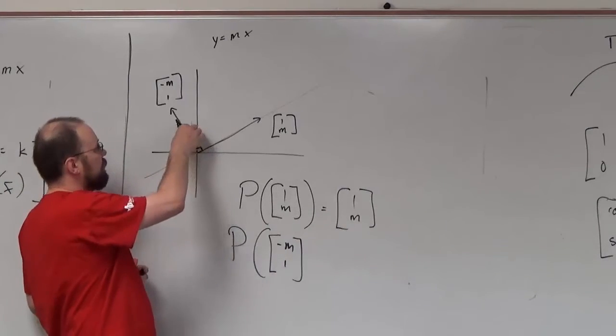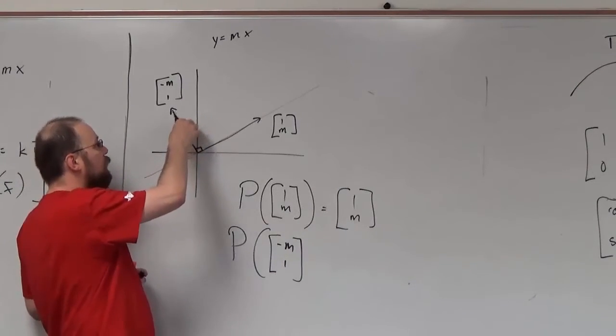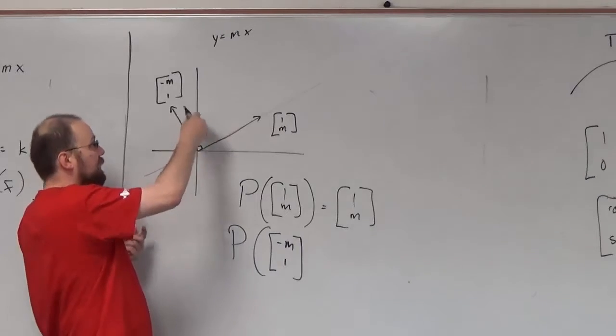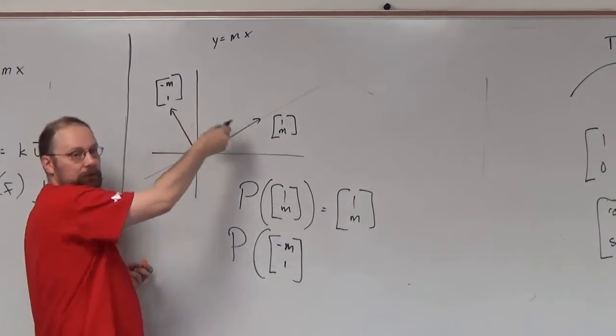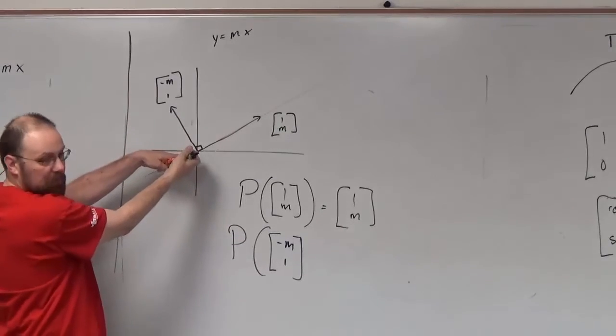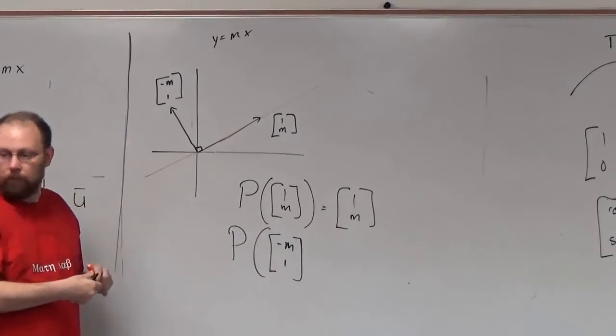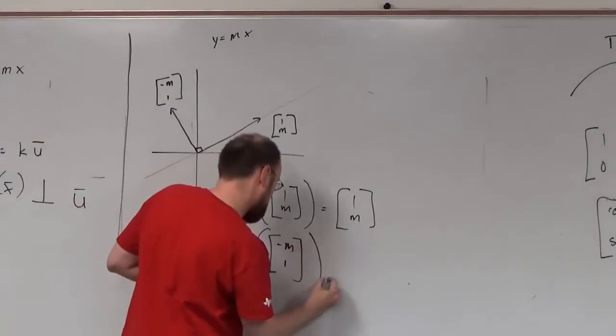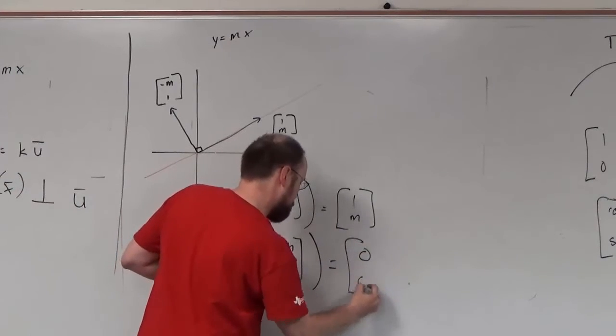Since this vector is perpendicular to the line, there's no part of this vector which is parallel to the line. Everything's perpendicular, so when you project it onto the line, you're going to get (0, 0).